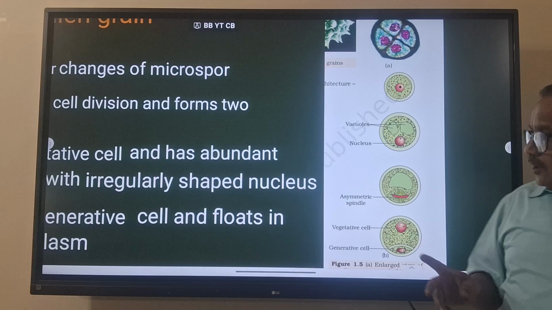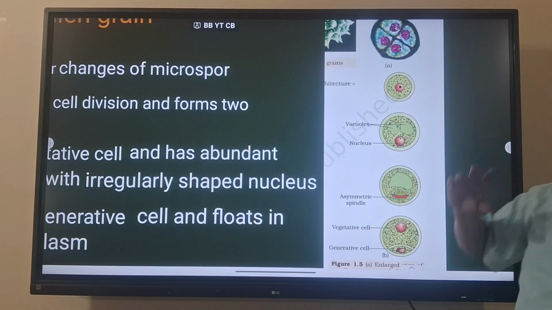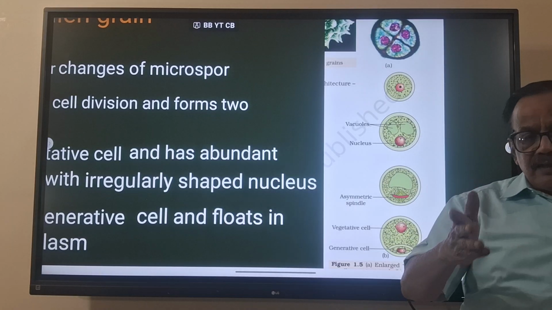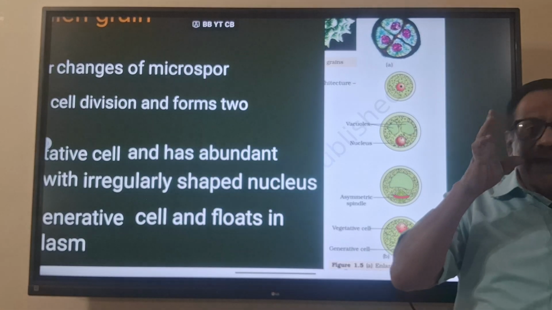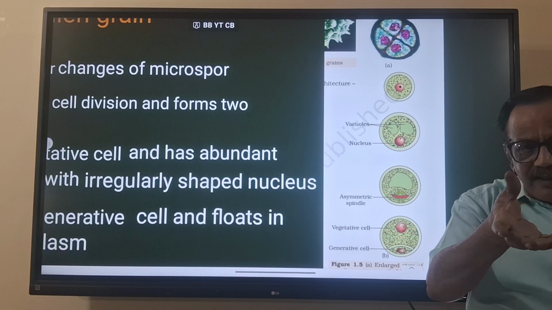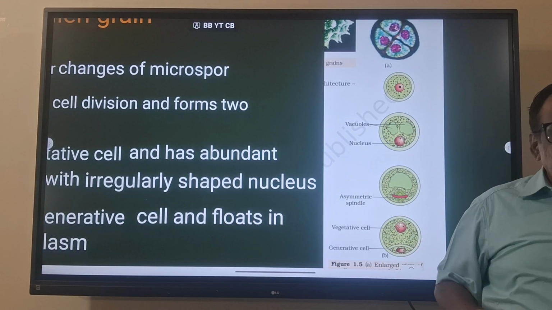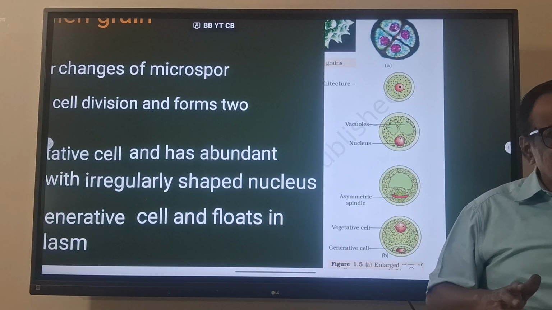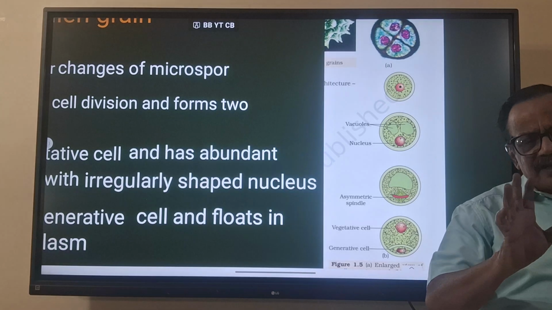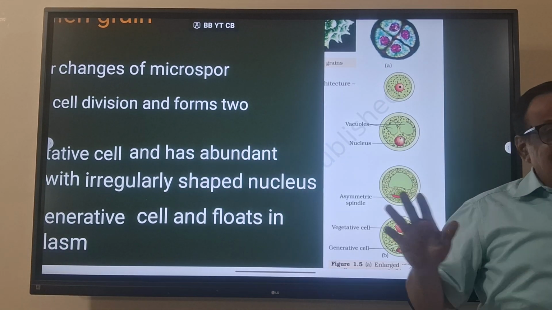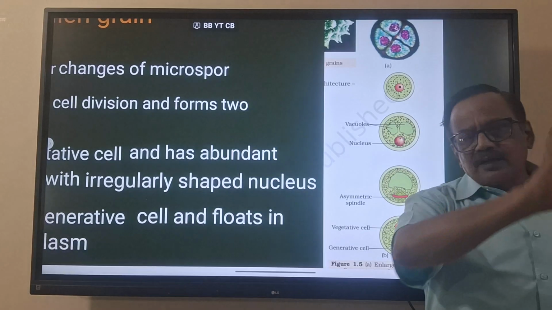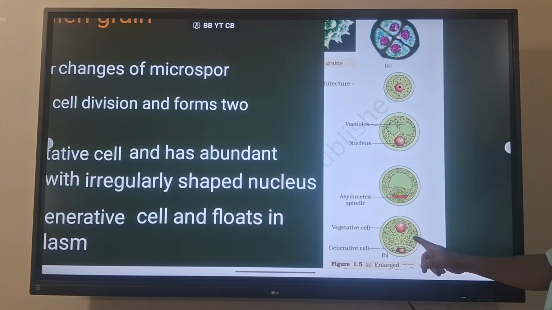Now, the outer layer and inner layer that we read about in the pollen grain can also be called cell walls because they cover the entire pollen grain. The entire pollen grain is nothing but the vegetative cell, because the generative cell is present inside. Remember all these things, because how the questions are created we cannot say, but if you know the concept, you can understand how he created them. So these are the things.